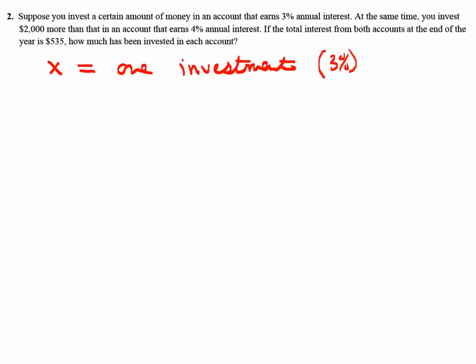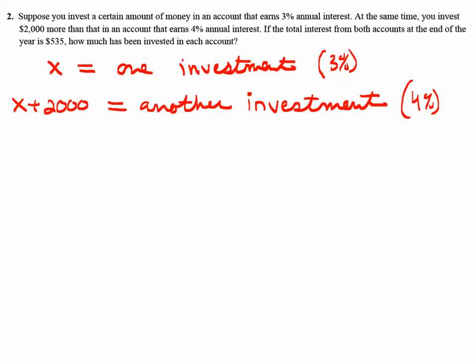All right, then we got a second investment, and what's the relationship there? At the same time, you invest $2,000 more. I think that would be X plus 2,000, right? So there's the relationship there. And again, the second investment is the 4% investment, whatever you want to label that as.